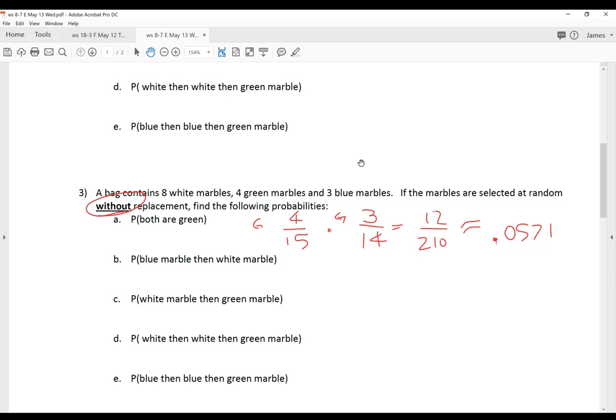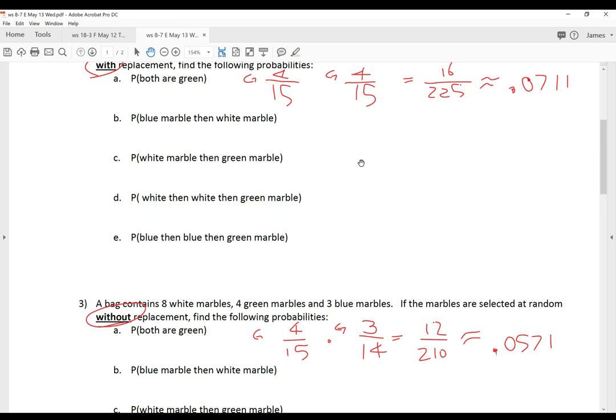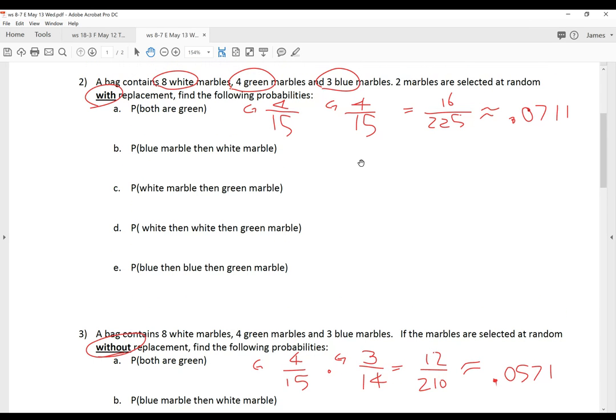So let's try one more. I guess this one, white and green. Well, the chance of getting white is 8 out of 15. Put it back again, 8 out of 15 again. Green is 4 out of 15. You multiply that.